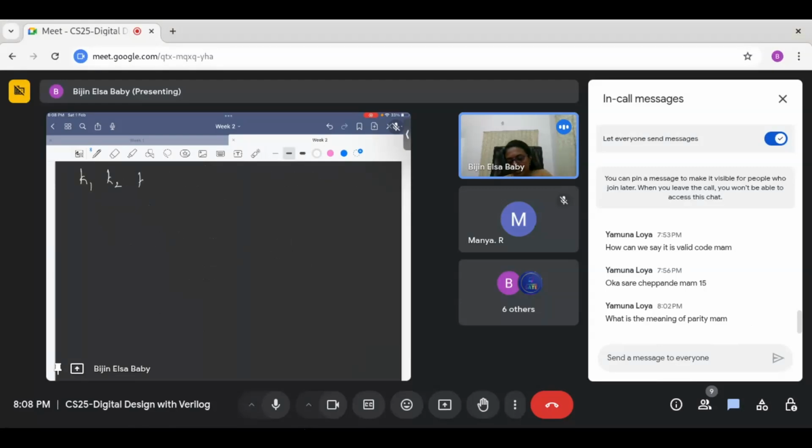K1, K2, K3. If there is no error, it will be 0, 0, 0. Here we are assigning the bit positions. If there is no error, it will be 0.